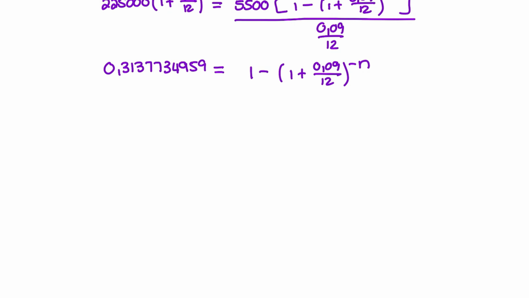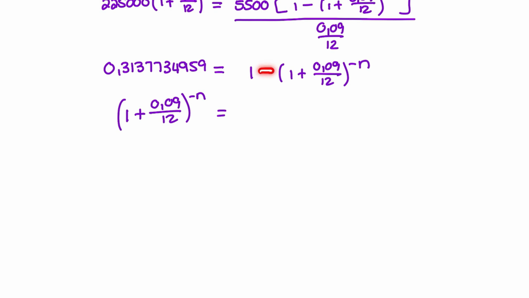Next, what I would do is move this little section on our right-hand side to the left, and I'll say 1 minus the decimal value. So on the left, I'll have 1 plus 0.09 over 12 in brackets raised to the power of negative n.